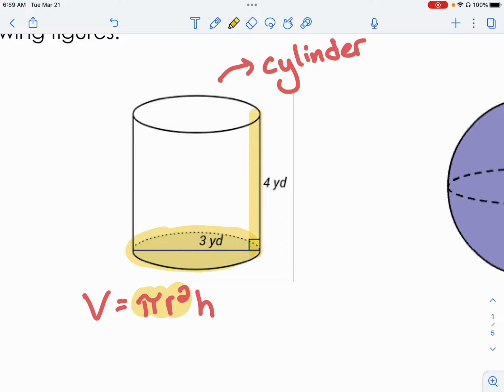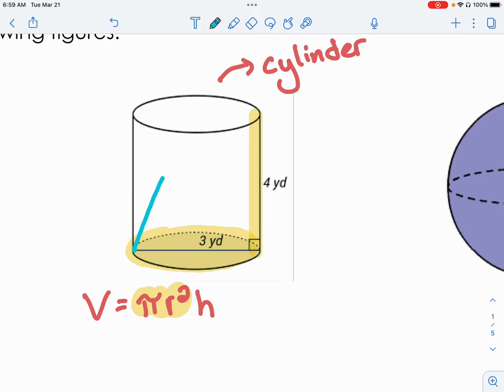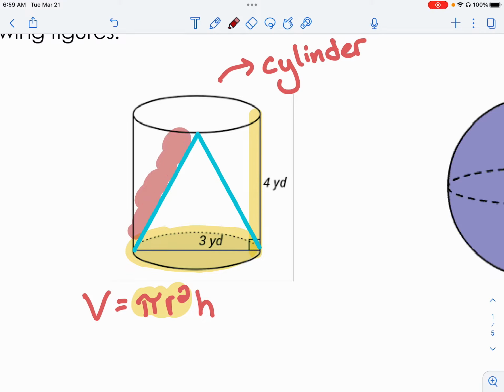Now we don't have to divide this by 3, because if we thought about that cone, the cone has some sort of triangular shape that looks something like this. With a cylinder, we still have all of this area to account for. So that is why we do not have to divide by 3 here, because we have all of this red area still to account for.